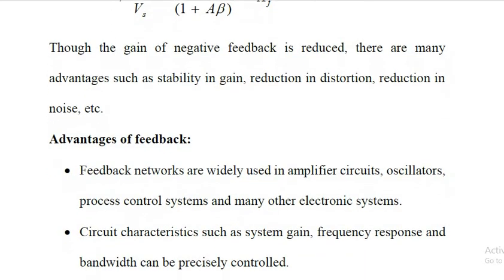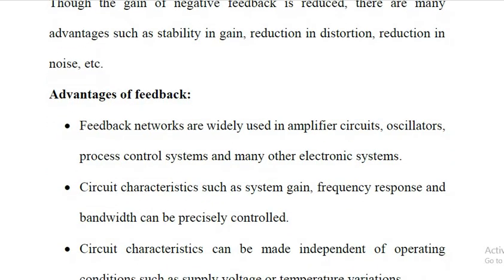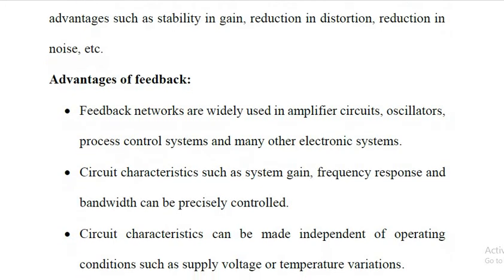Now, advantages of feedback. Feedback networks are widely used in amplifier circuits, oscillators, process control systems, and many other electronic systems. The circuit characteristics such as system gain, frequency response, and bandwidth can be precisely controlled. That is, we can accurately control system gain, frequency response, and bandwidth.